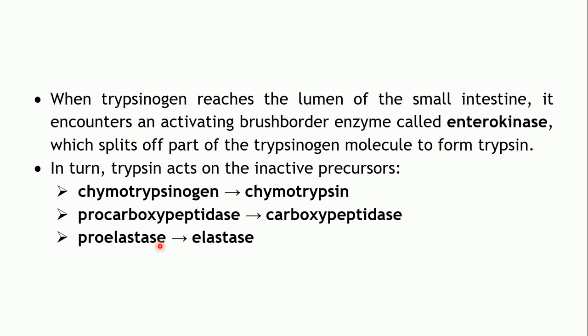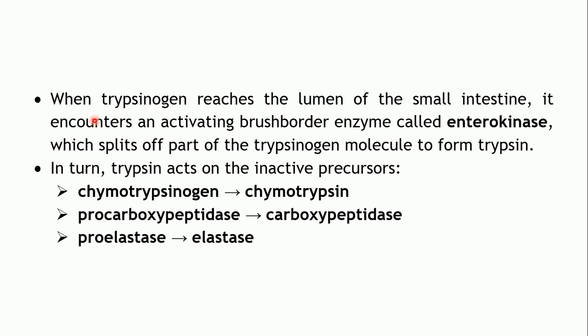Why is only trypsin inhibitor secreted? That's because the activation of all these remaining 3 enzymes is dependent upon trypsin. These are activated by trypsin. So only trypsin is kept inhibited by trypsin inhibitor.